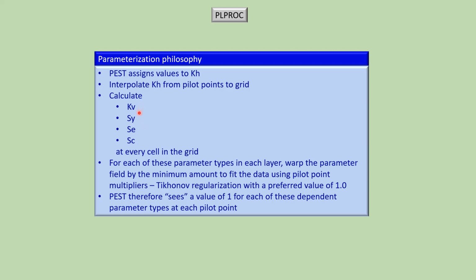Then, for each one of these parameter types in each layer, multipliers were ascribed to the same set of pilot points that we saw previously. PEST then adjusted these multipliers such that we could perturb the KV, SY, SE, SC value assigned to each cell in the model domain.